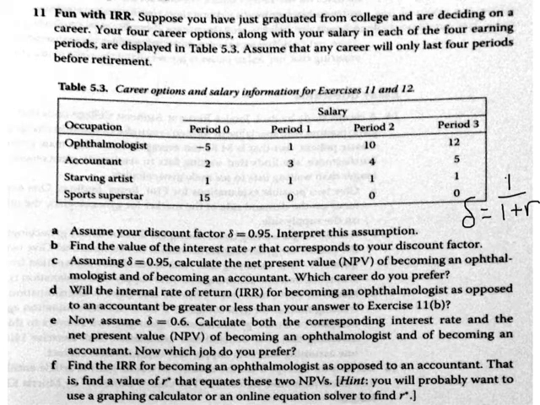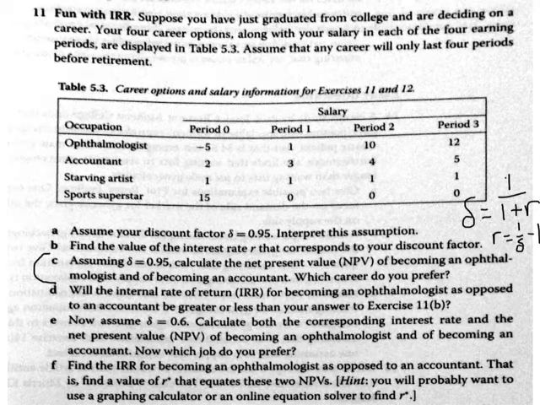Anyway, you can manipulate that expression to find that R is equal to 1 over delta minus 1. Anyway, you can do that math and find the corresponding discount rate. Anyway, the next part of the problem asks us to calculate the net present value.